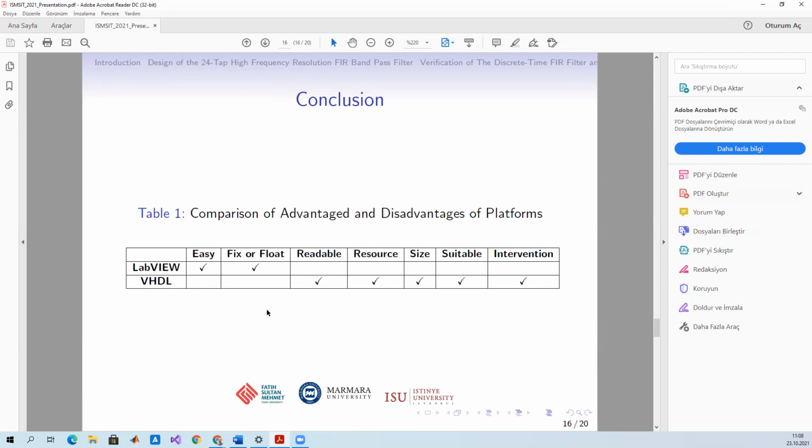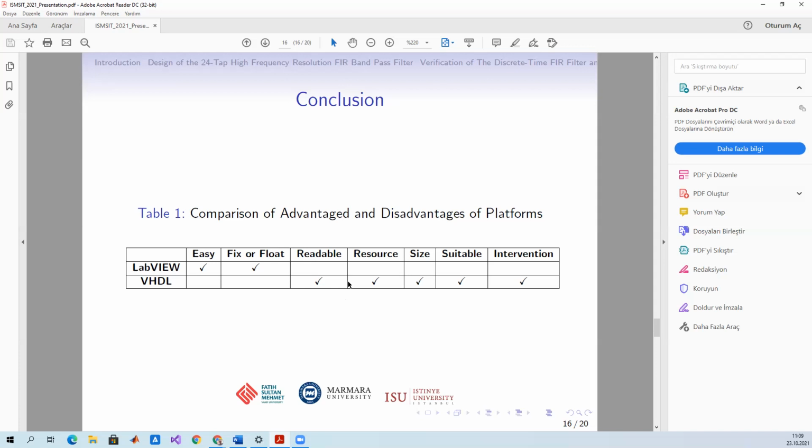And we see that LabVIEW is not human readable. You can check all values of the program when you use VHDL, but LabVIEW doesn't allow us. And for resource utilization, VHDL is the advantage of this platform. As for program size, LabVIEW takes a large program size, and if you use VHDL, you can do your job in only 3 or 4 steps.